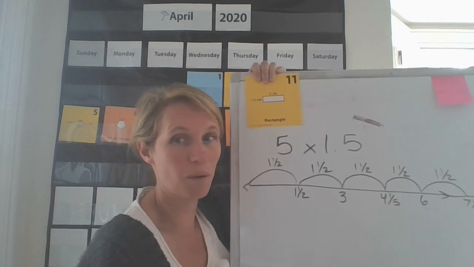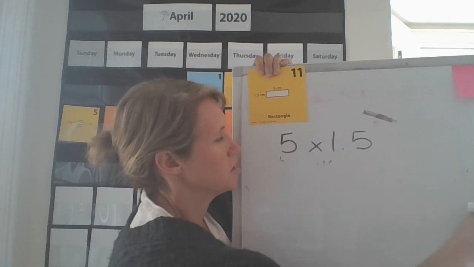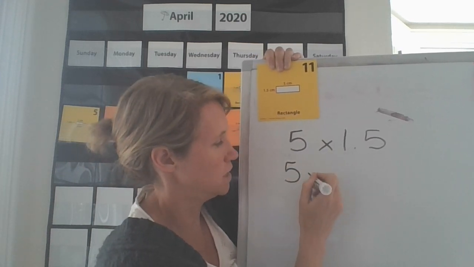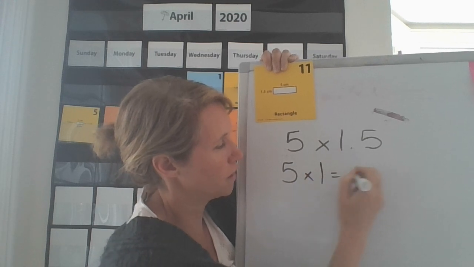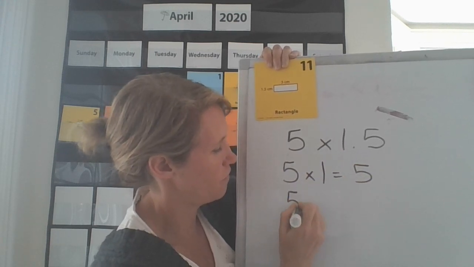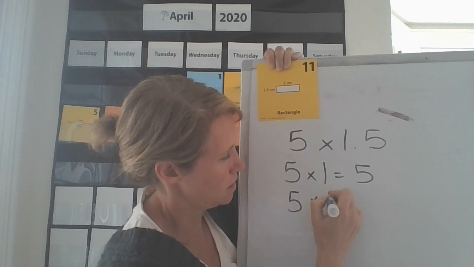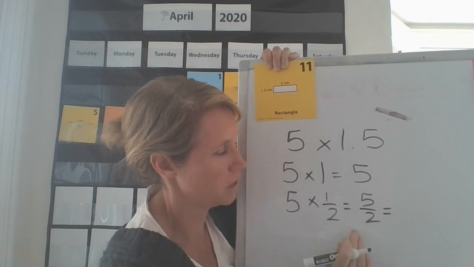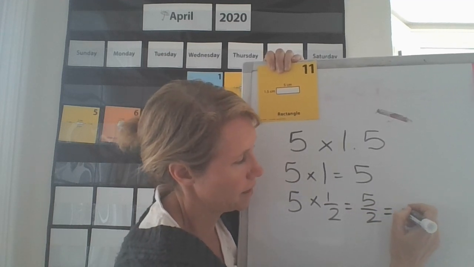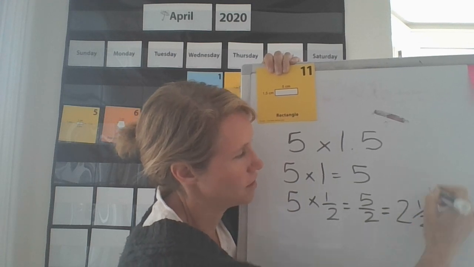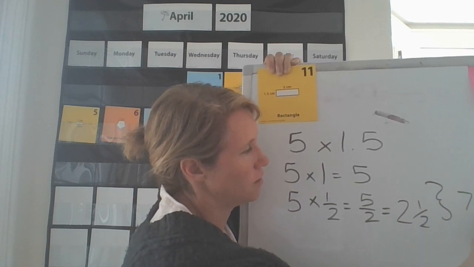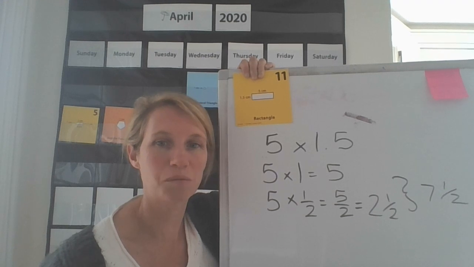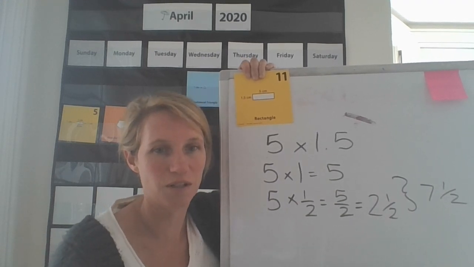Another way, and if I felt more comfortable with multiplying by decimals, I could say 5 times the wholes gets me 5 wholes. And then I could say 5 times a half gets me 5 halves, which when I change it into a mixed number is 2.5. And this also gets me to an area of 7.5. So those are just 3 different ways that you could have solved for the area of this rectangle.